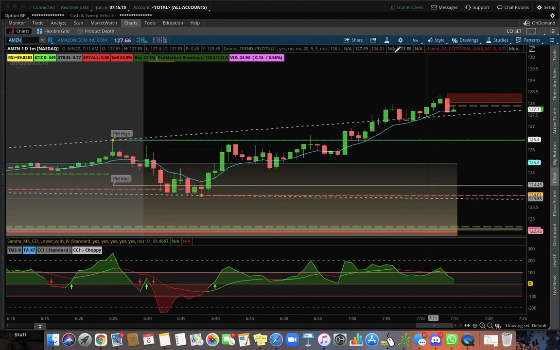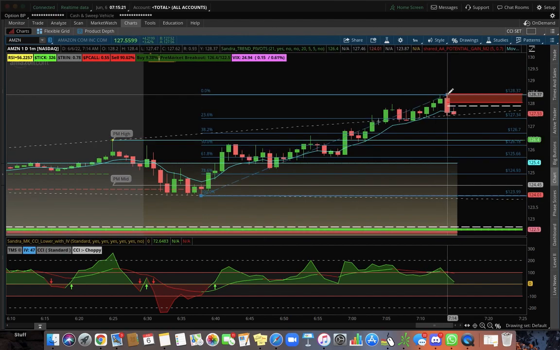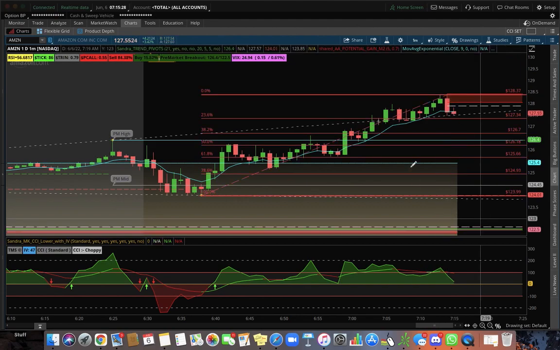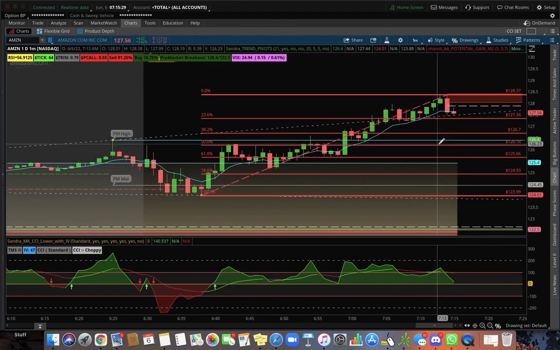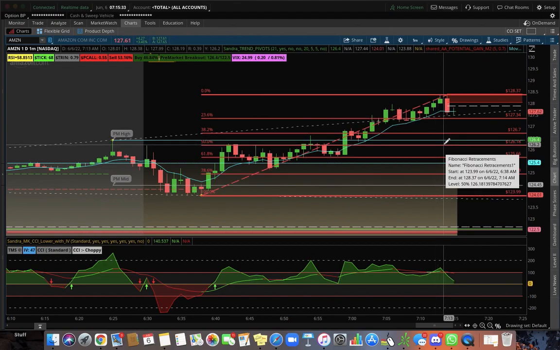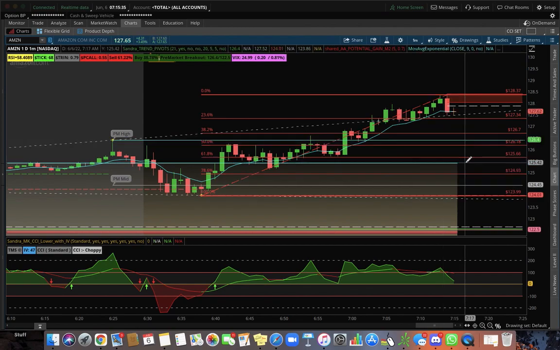But if in your mind you take the low of your session and mark off the high of your session around 7:15, you can see where the 50 percentile is, and that's typically the reversal amount on a mid-morning reversal.